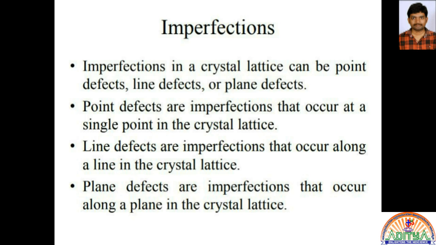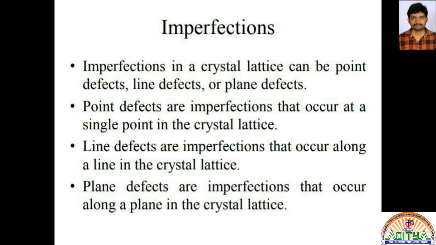So coming to the line defects. These point defects, line defects, and surface defects I have explained clearly in the lecture sessions, so just go through that. Line defects are imperfections that occur along a line in a crystal lattice. These defects are edge dislocations and screw dislocations.